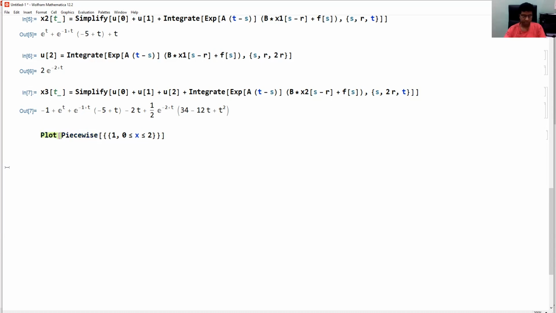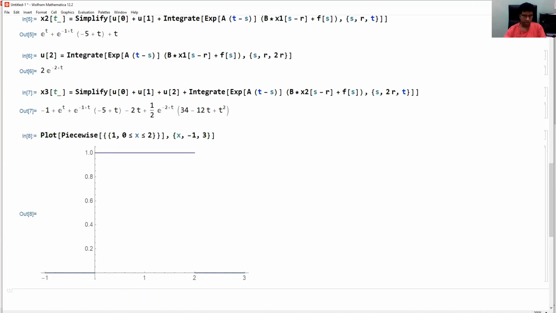So we plot this function, for x from say minus 1 to 3. Yes, it is. So Piecewise followed by square bracket, and there is a list within a list, and it contains this value.